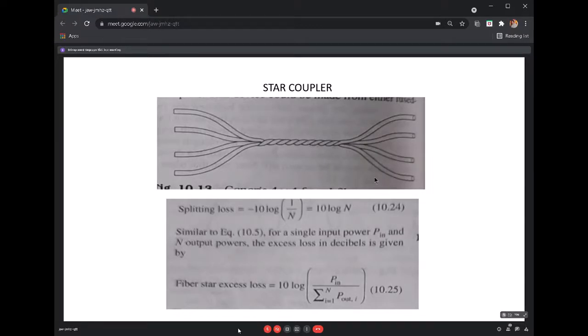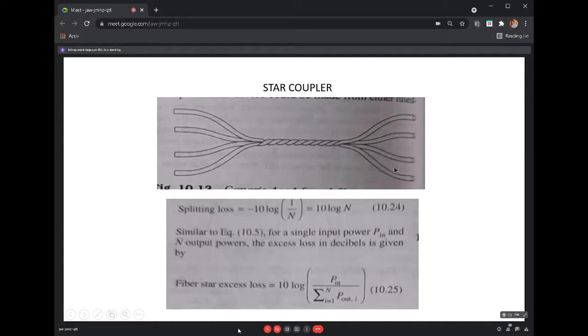The basic principle of this star coupler is that you need to combine all the powers from these inputs. Here, for example, it is 4; else you can take n inputs. All these powers you need to combine. So these 4 powers will be twisted and then drawn out.